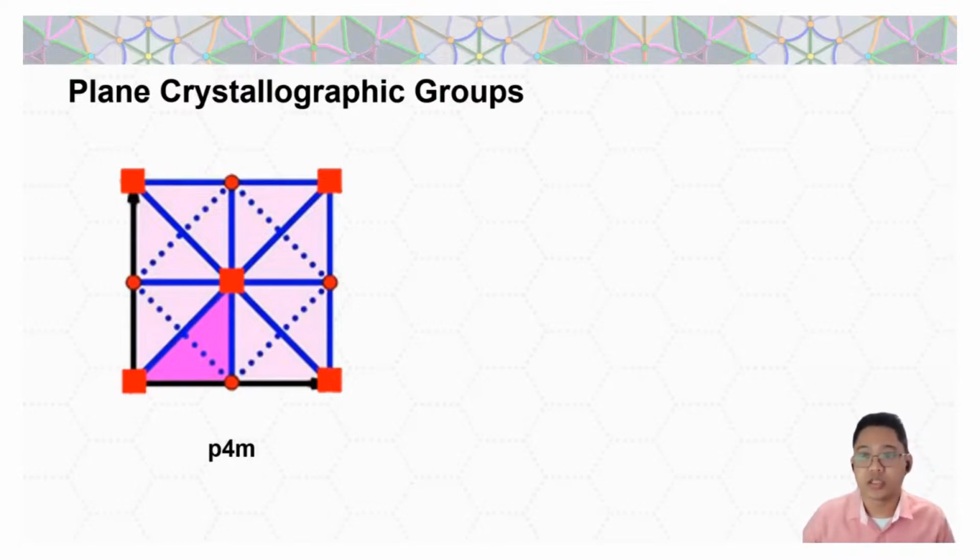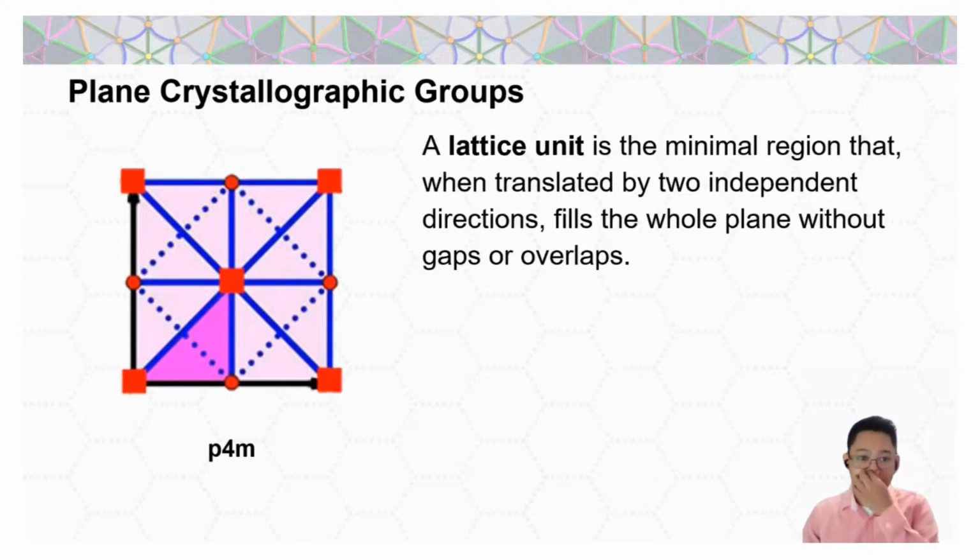which defines your translation. There's a lot of information that we can gather from this particular diagram. By the way, this diagram is what we call a lattice unit. A lattice unit is the minimal region that, when translated by two independent directions, fills the whole plane without gaps or overlaps, essentially creating a pattern or a tiling.